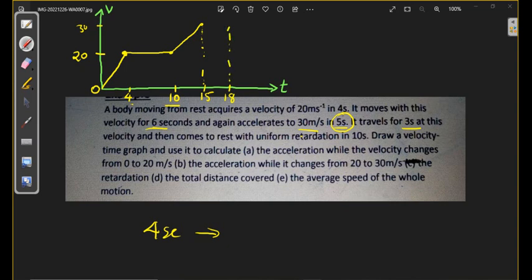From there we've been told it comes to rest with a retardation in 10 seconds. So we are at 18, and we get to rest in 10 seconds. 18 plus 10 gives us 28. This is when we are going to go to rest. So that's when it is going to drop, going like that down to the bottom. So we have drawn the velocity time graph.